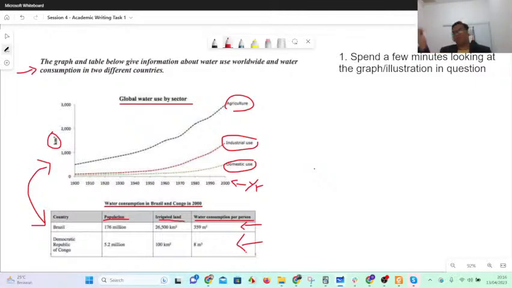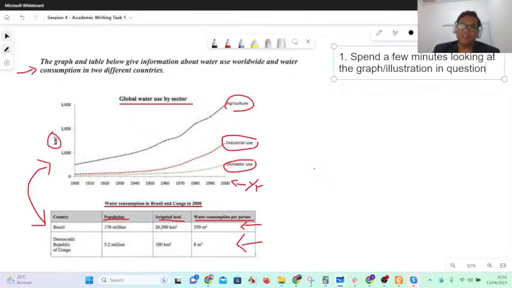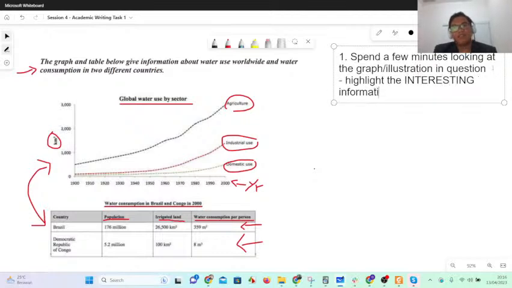All right, now going back to the task at hand. What do you actually need to do when it comes to the first step? So first things first is highlight the interesting information or feature. Right? Highlight it. So what does that mean?